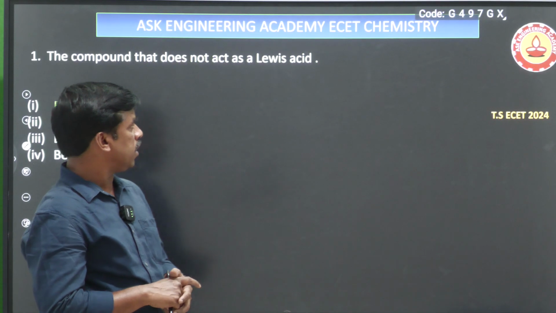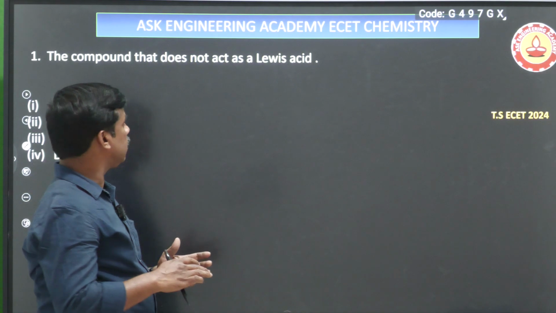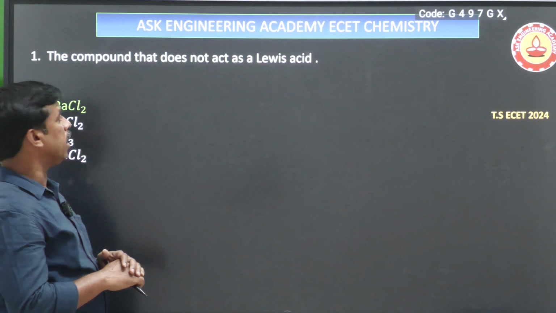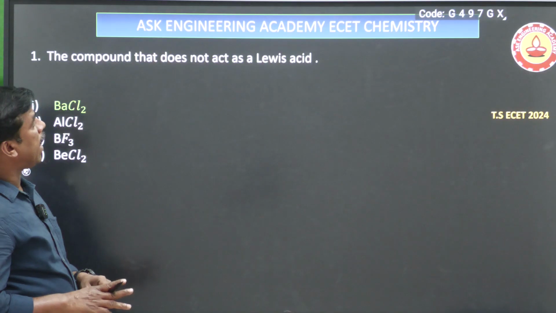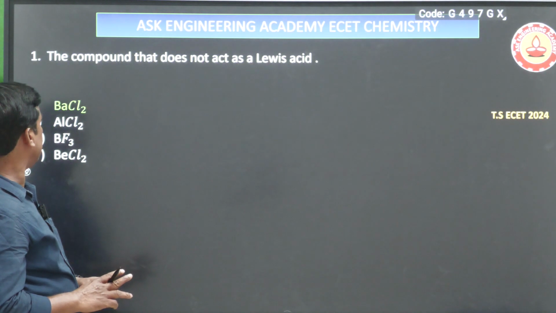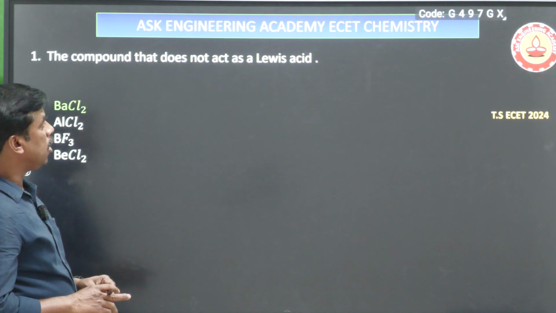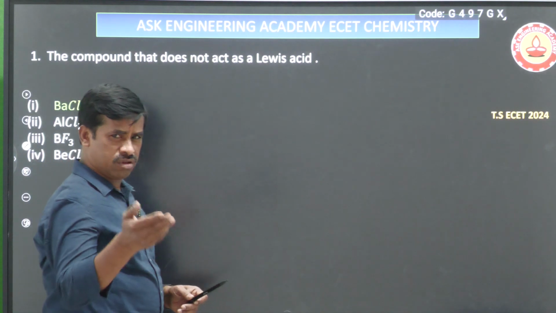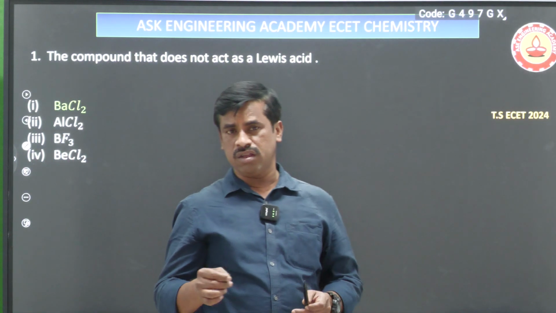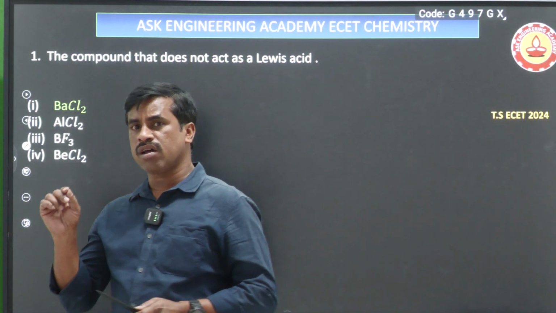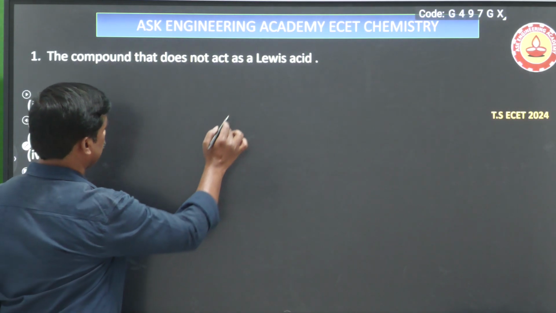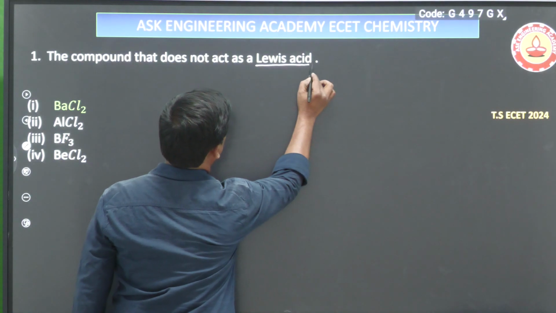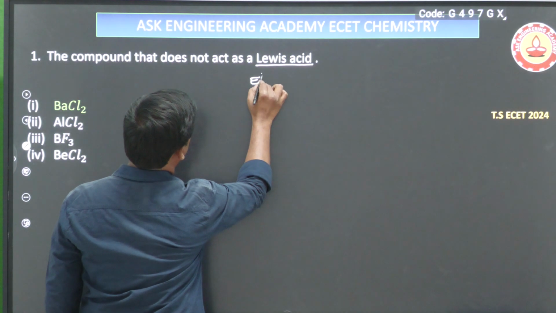After the completion of these three theories, I would like to discuss this question with you. Lewis acid means, as I discussed in the last theory, a proton or electron pair acceptor is an acid. Here I am writing the definition. Lewis acid means what?